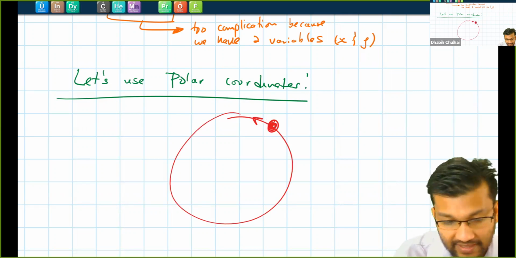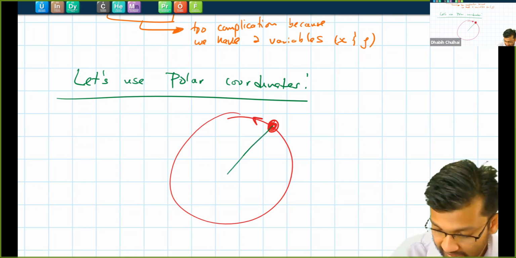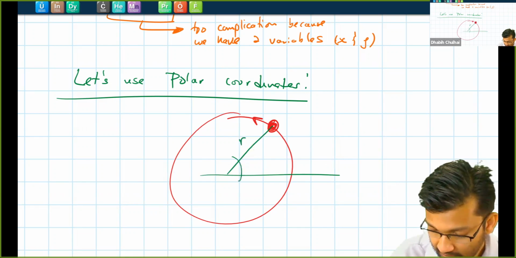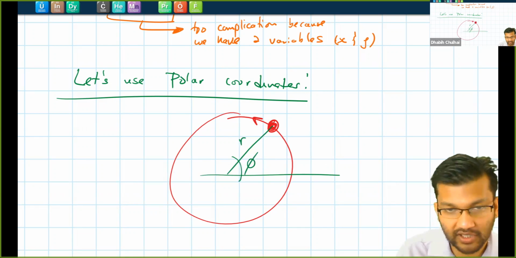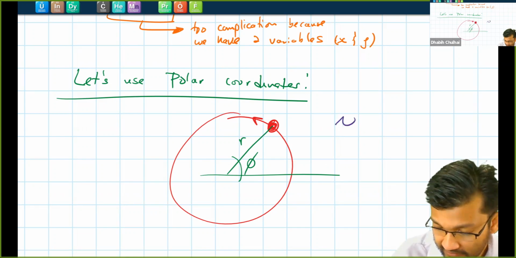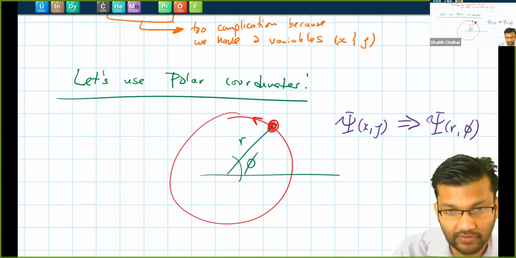But instead of x and y in polar coordinates, what we have is the radius and the angle. We're going to call that phi. So in case you're wondering, instead of the wave function now being in terms of x and y, we've moved to a wave function in terms of the radius and the angle because we're moving in polar coordinates.